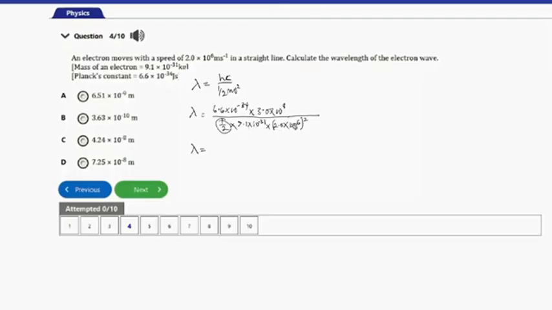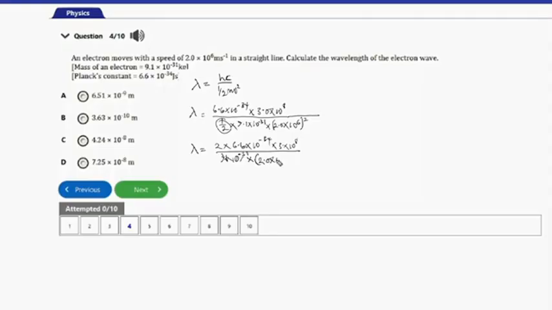Actually, you can bring the 2 to the top and this becomes 2 times the Planck's constant 6.6 times 10 to the power of negative 34, times the speed of light 3 times 10 to the power of 8, all over the mass 9.1 times 10 to the power of negative 31 times the square of the velocity, that's 2.0 times 10 to the power of 6 all squared.